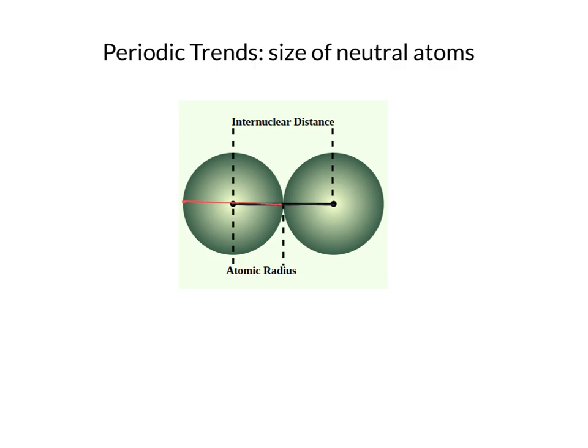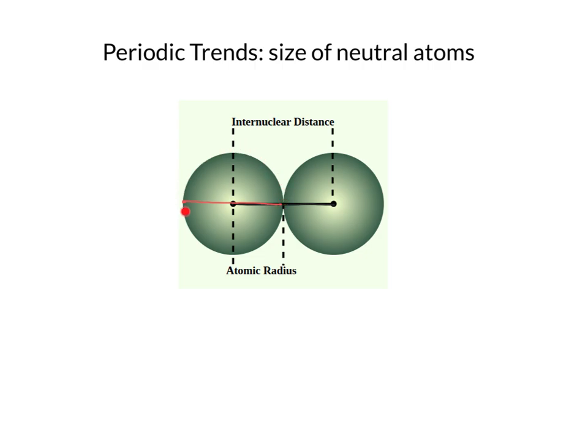So if we look at the trend, if we go across a row in a periodic table or down a column in the periodic table, we can think about how the size of these atoms might be affected. Notice that the size of the atoms depends on where these valence electrons are. So if the valence electrons are closer in to the nucleus, then I'm going to be able to get those two nuclei closer together.